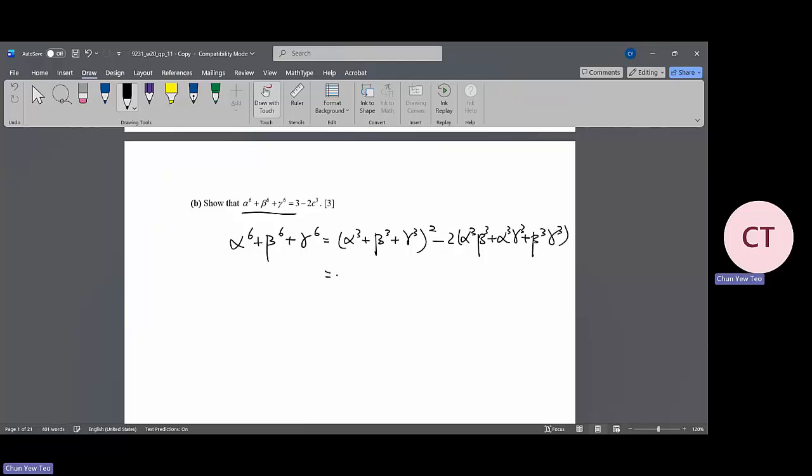So based on the result that we have in part A just now, you know that this is -3. Then this is 3 plus c cube. Expand, simplify, then you will get 3 minus 2c cube, shown. That is the answer for part B.